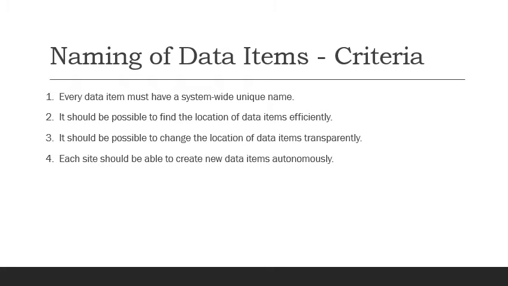So we have some data item naming criteria as follows. Every data item must have a system-wide unique name, and it should be possible to find the location of the data items efficiently. It should be possible to change the location of data items transparently, and each site should be able to create new data items autonomously.